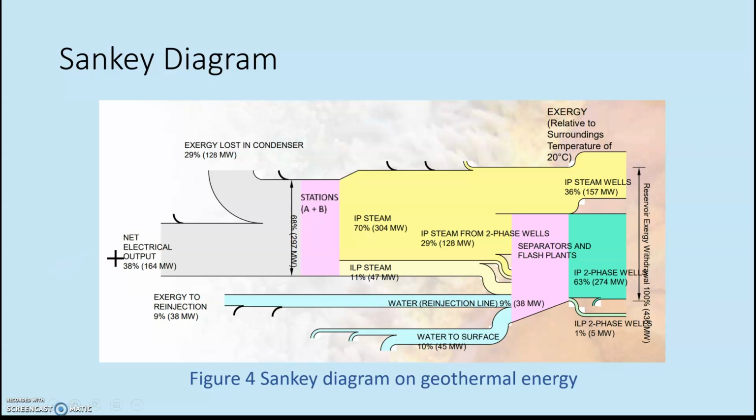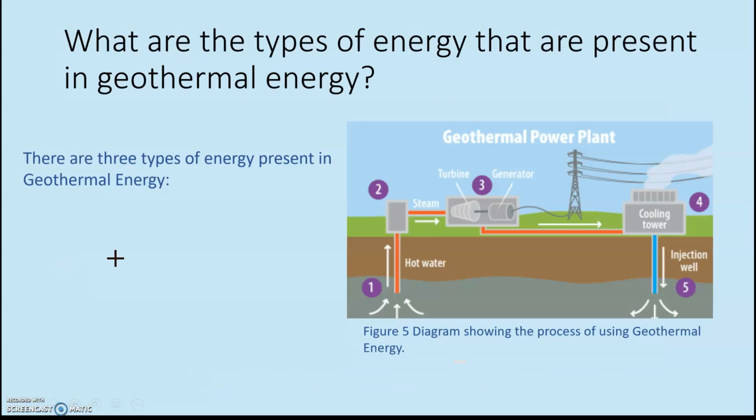So what are the types of energy that are present in geothermal energy? Well, there's heat involved when we use the heat from hot water sources underground, which is here on this diagram, and also when the steam is cooled down in the cooling tower.